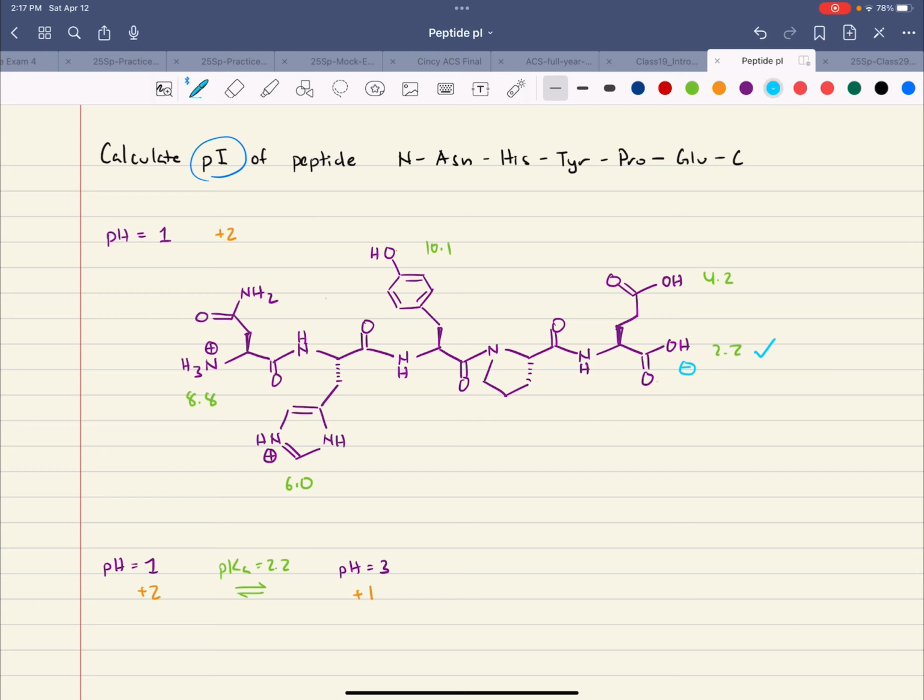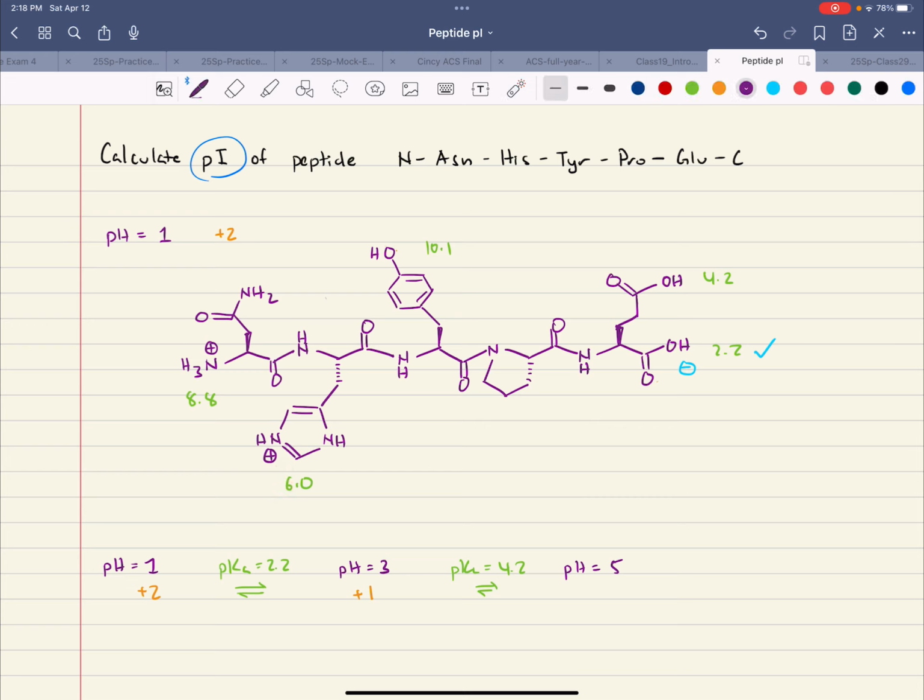Next pKa is 4.2. I'm sure if you do this a couple times, you'll find faster shortcuts. Let me do pH equal to 5, because I don't want to go over 6 now. I want to go in between those two.